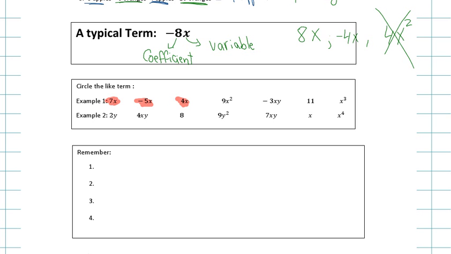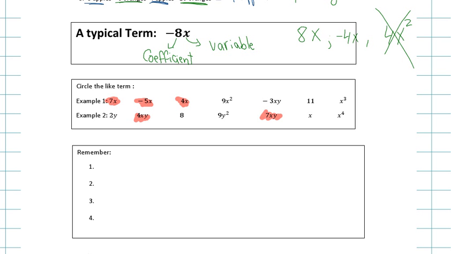Now I would like you to look at example number 2 and point at like terms. So what would be like terms now? 4xy is a like term to what? 7xy. Do we agree with that? Right? Okay. Any other like terms?